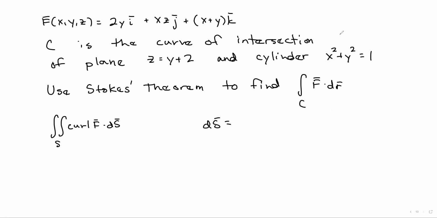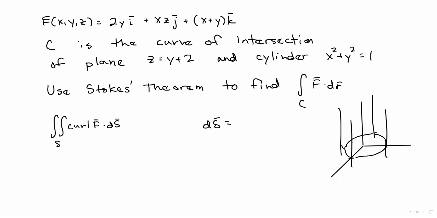All right, so let's just draw ourselves a picture here. So maybe that will help. So we've got a cylinder, x squared plus y squared equals 1. All right, and we have a plane, z equals y plus 2.